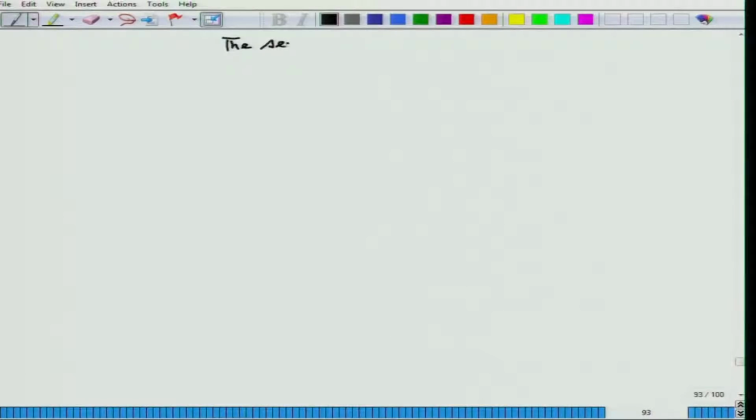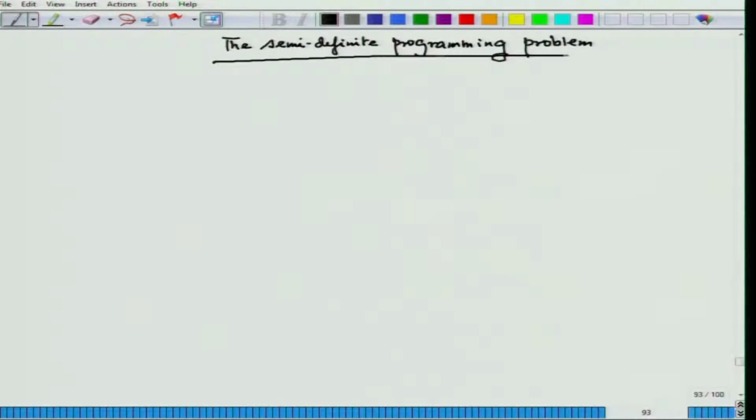So, now we go to a more general category of optimization problem. That is SDP, the semi definite programming problem. So, you know our theta is in Sn, the space of n cross n symmetric matrices, and the cone that is useful here is Sn plus, the cone of positive semi definite matrices.